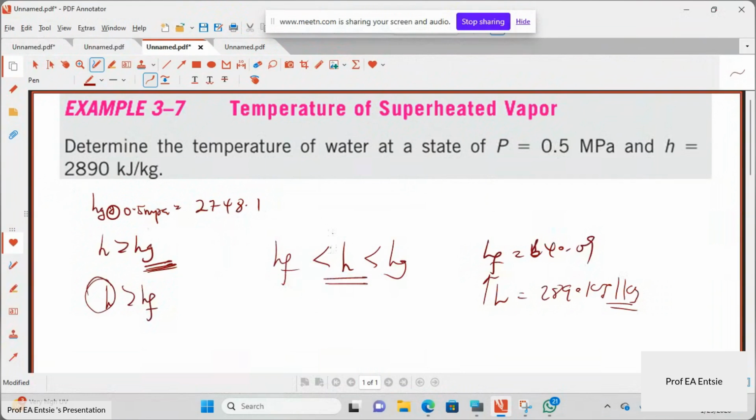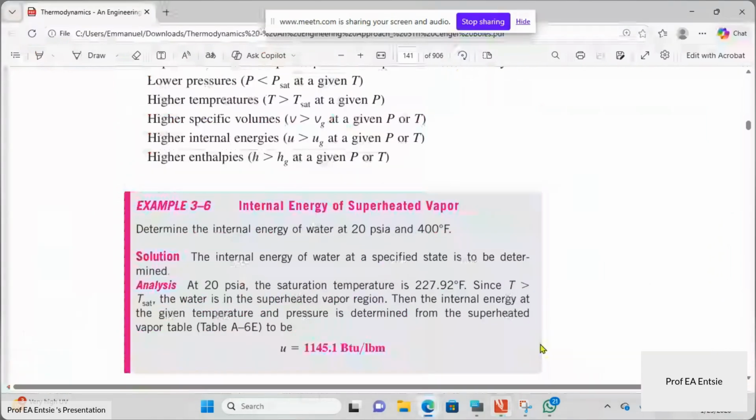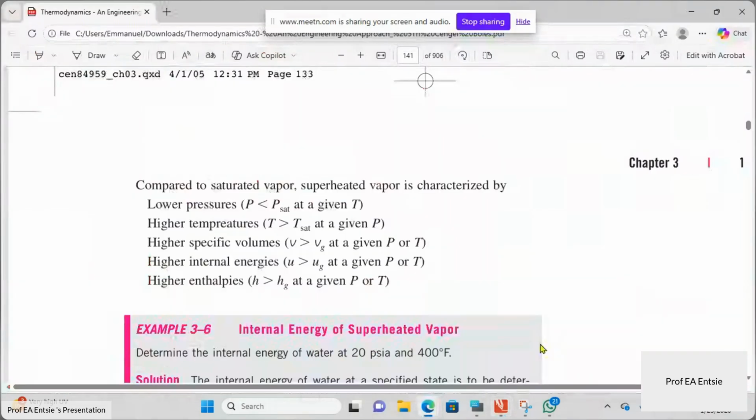But this our H that was given in the problem is rather bigger than Hg, which doesn't conform to the above expression. So it means this satisfies the properties I gave you under superheated property. Look, I said H greater than Hg. If you want to know whether a saturated water is under superheated vapor, you should know all these five out of head.